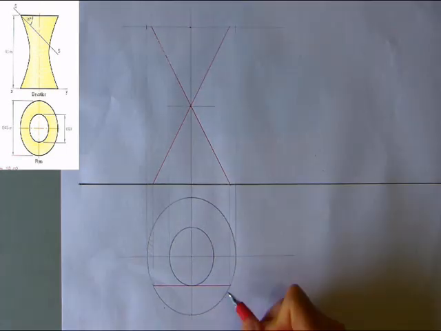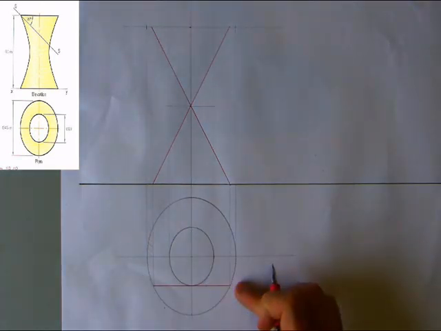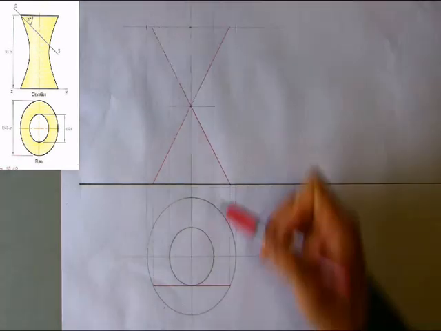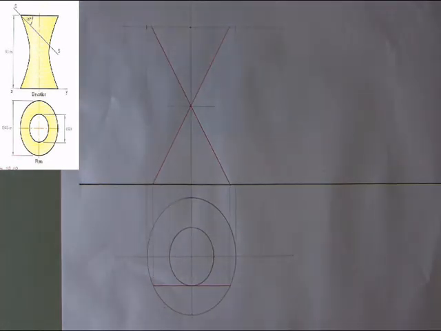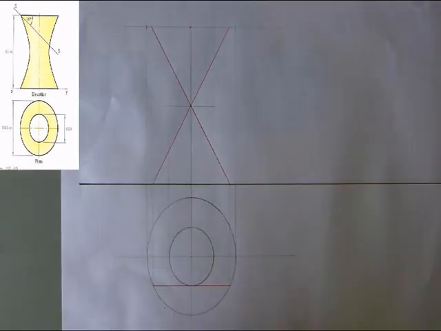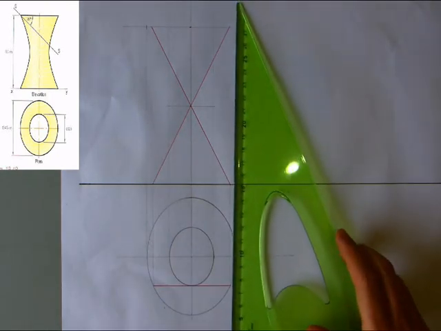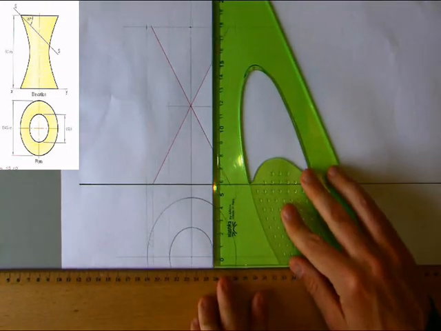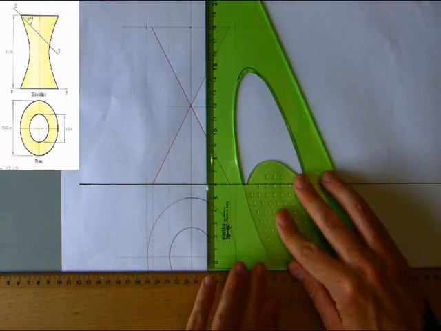Okay, so this horizontal line here that's in contact or tangential to the throat circle is those two lines. And we're going to use those in order to solve our hyperbola shape here on the outside. So what we're first going to do is move to the front elevation view and take some horizontal cuts.